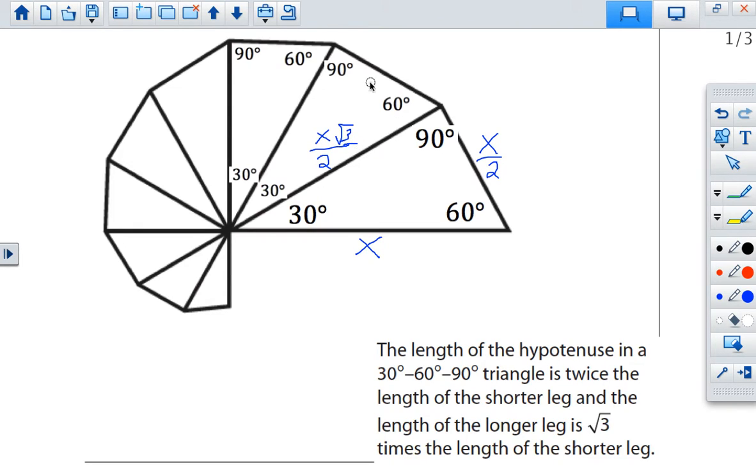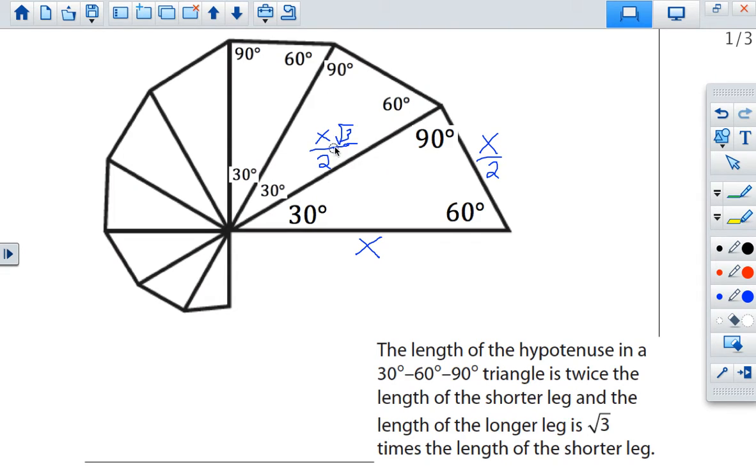On Wednesday, we're going to do an activity that has to do with this shape here. We need to find the length of each of the long legs here and here and here. Notice with this shape, this long leg here is the hypotenuse for this triangle.